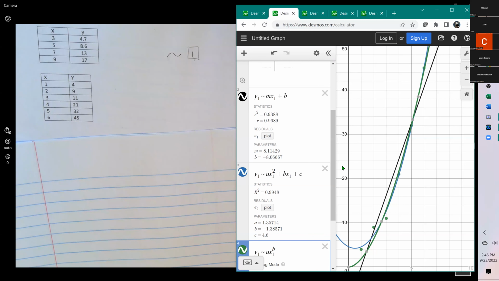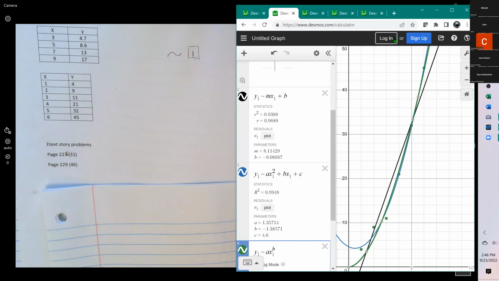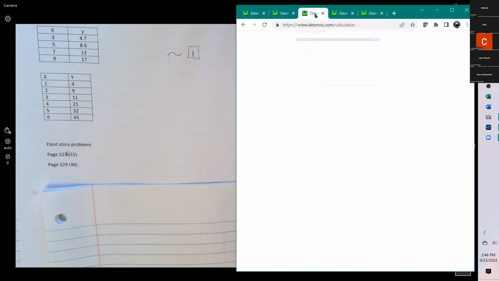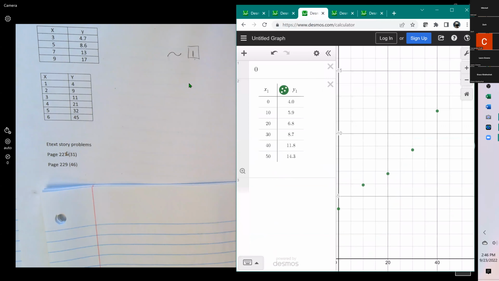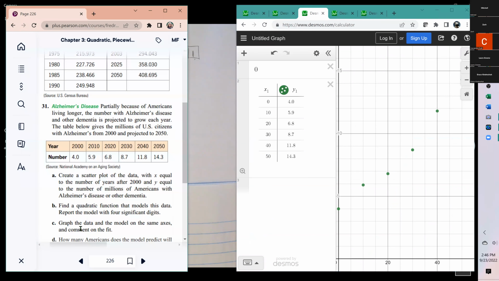What time is it? There's a story problem. I wanted to do one. I think it's this one. Page 226. Okay, so on this one, number 31.